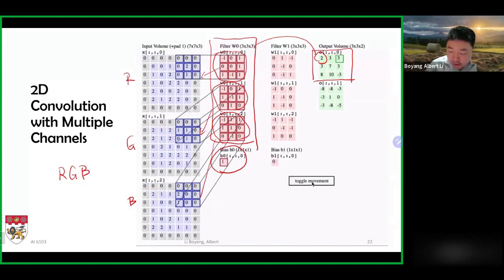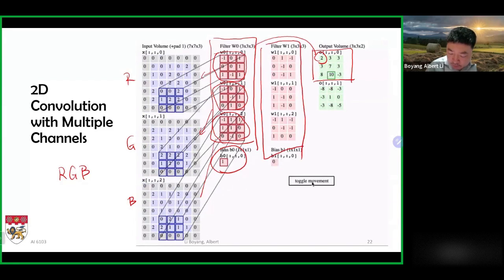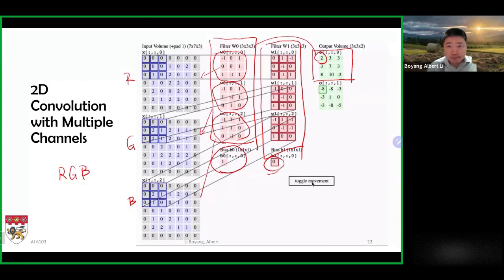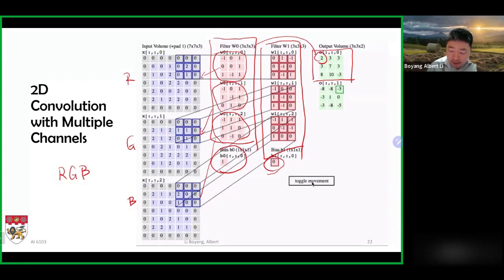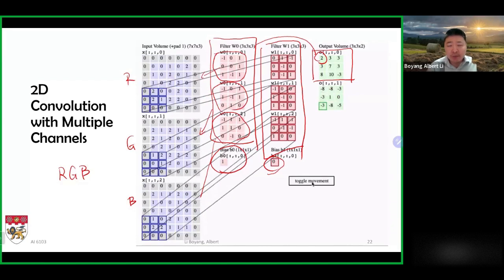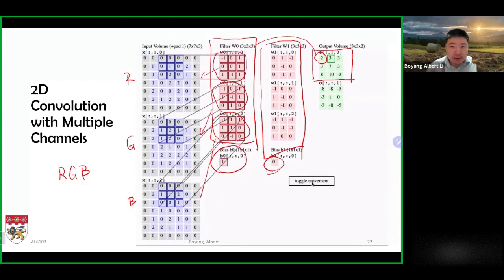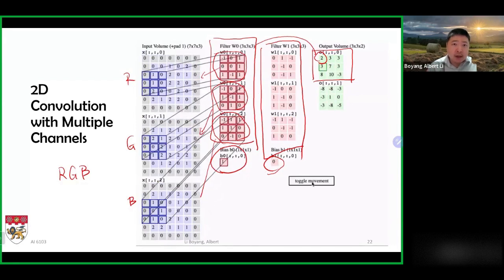And the way to do that is I'm going to introduce another set of filters and bias. Once again, the 3 filters each correspond to one input channel, and the movement of the 3 filters is synchronous.